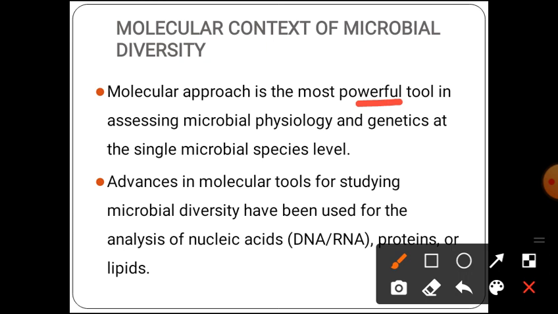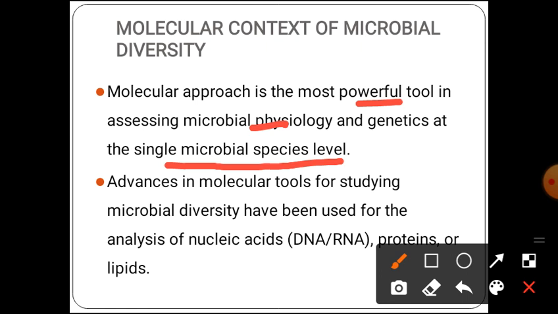It varies from cell to cell or species to species. The DNA sequence varies from one cell to another for assessing microbial physiology and genetics at the single microbial species level. Here the molecular approach is a powerful tool. How is it a powerful tool?